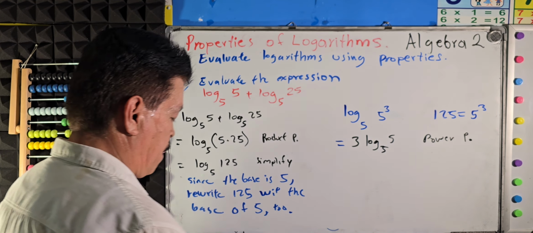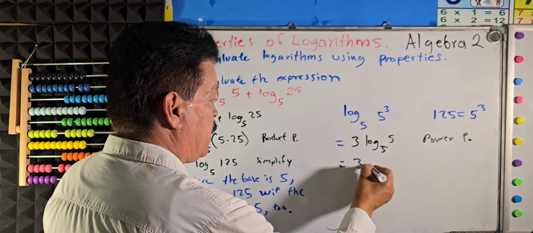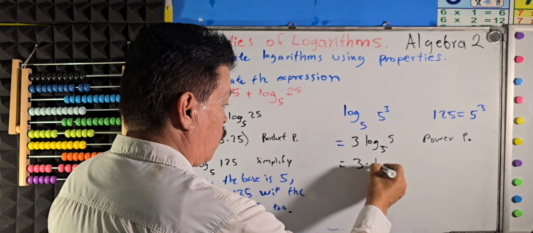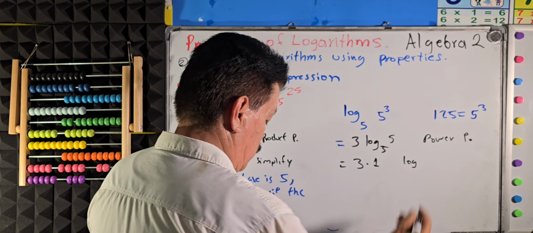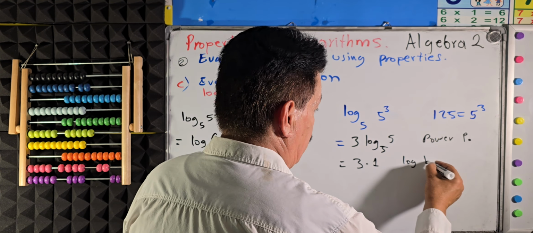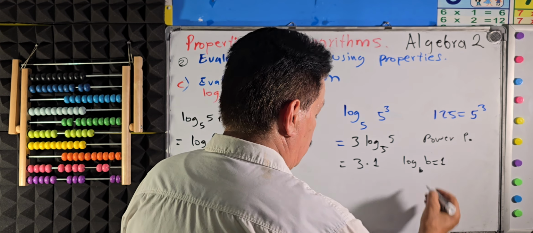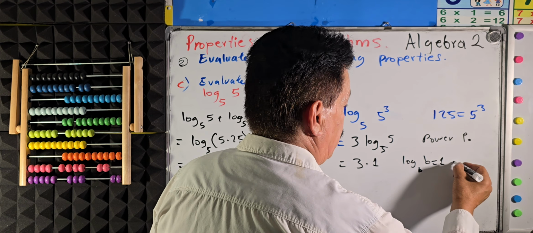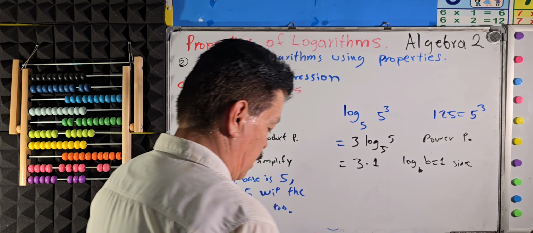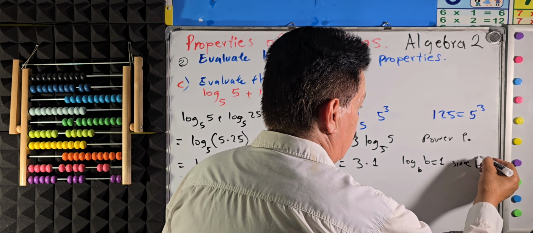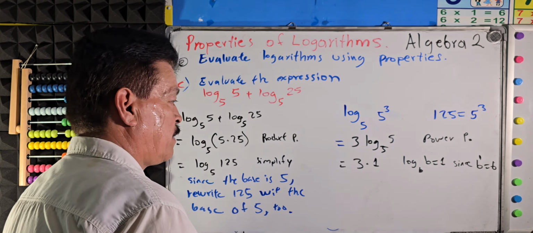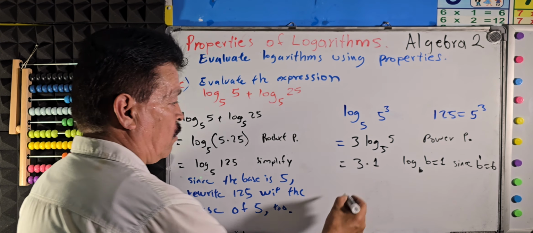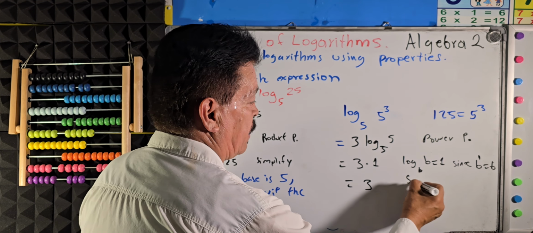So now this is equal to 3 times 1. Here, we have log of b equals 1 with the base b, since b to the 1 power is equal to b, right? So this is equal to 3. So simplify.